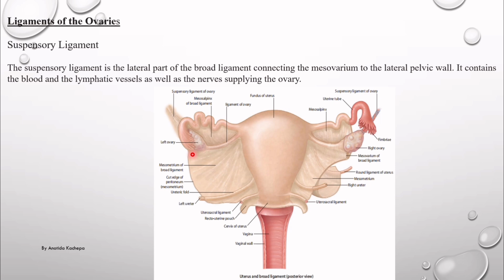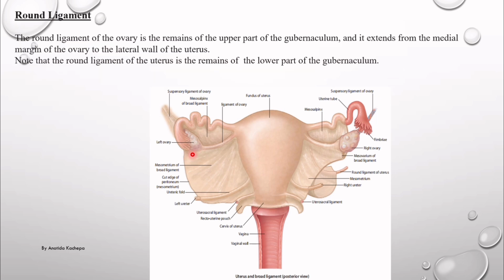Then also we should appreciate that the ovary is supported by the round ligament. We have what is called the gubernaculum, which was providing the pathway for the ovary in females and the testes in males to descend into their original positions.